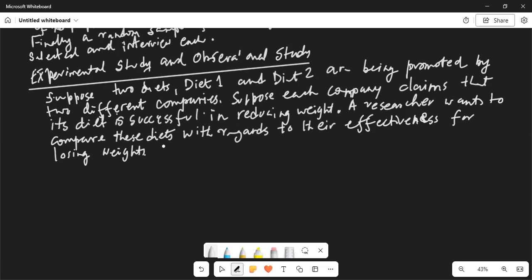Following are the two alternatives. What are the two alternatives?